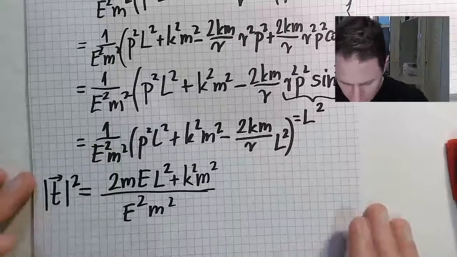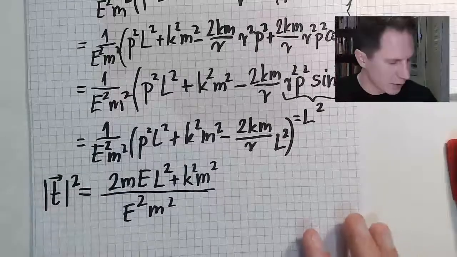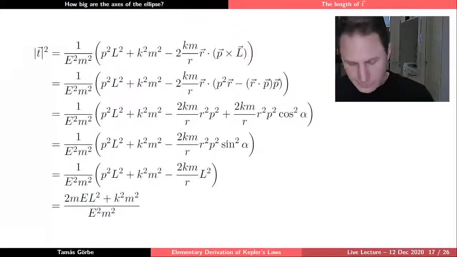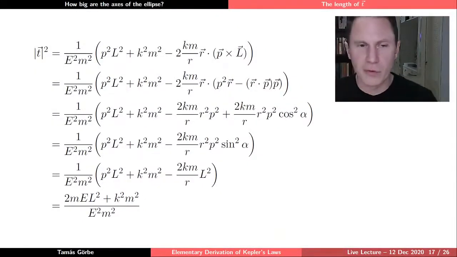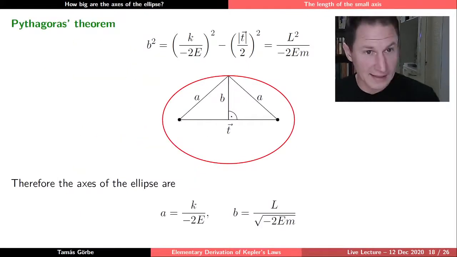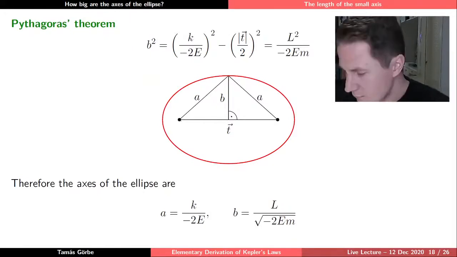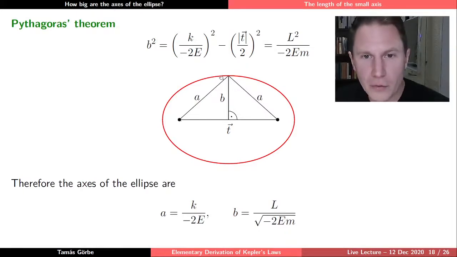So now we can go on to finding the semi-minor axis of our ellipse. So here's the same derivation. Feel free to pause the video if you are rewatching this and just go through it yourself. But I'm going to the next slide where we apply Pythagoras's theorem, as I explained before, to find the semi-minor axis.